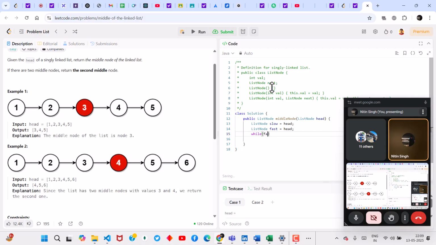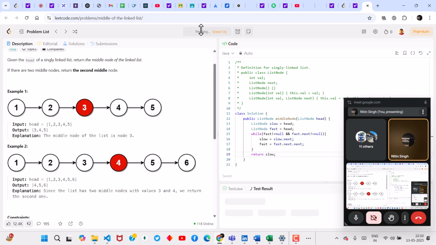While fast is not equals to null and fast dot next is not equals to null, move your slow pointer one step ahead, move your fast pointer two steps ahead, and at last when this while loop gets break, return me slow. Then submitted.